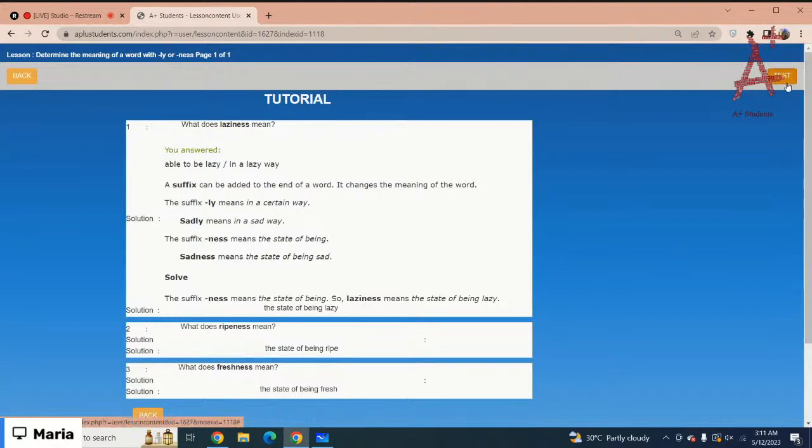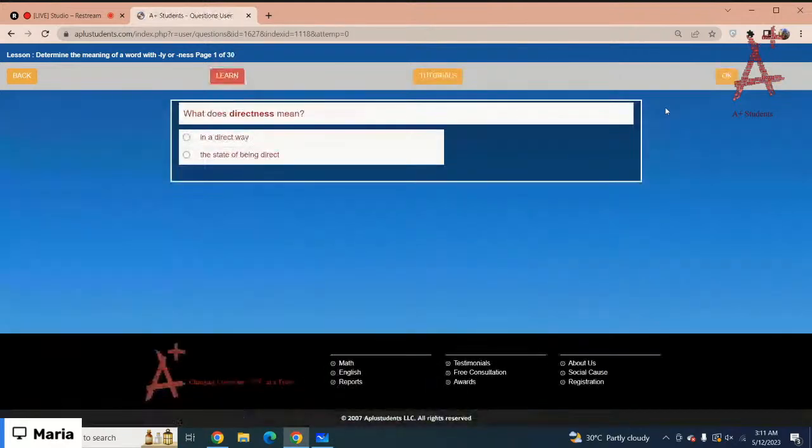Let's start. What does directness mean? It would be the state of being direct. Got it? Ness means state of being, so it would be state of being direct.